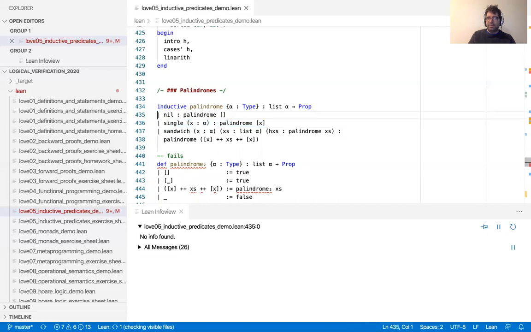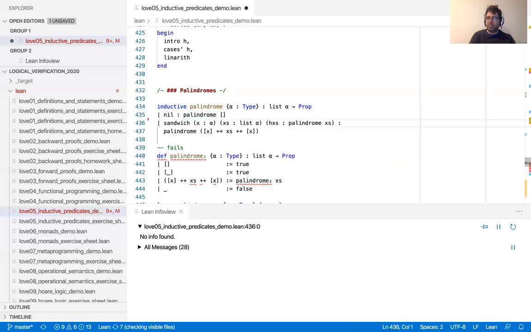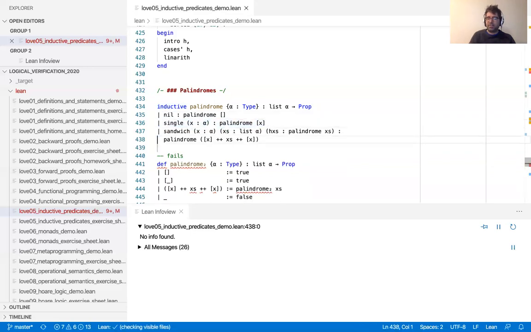And now we already see the danger with inductive predicates. It's very easy to define a predicate called palindrome, and in your head it means palindrome, but it actually doesn't mean palindrome because you forgot one case, or you wrote something completely wrong, you forgot this part here, and so on, right?